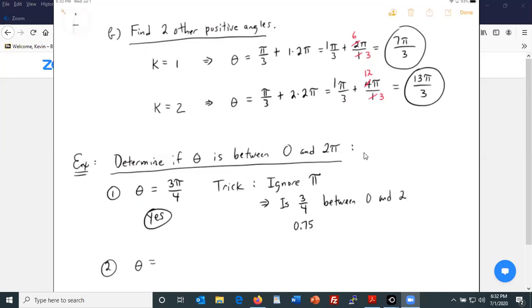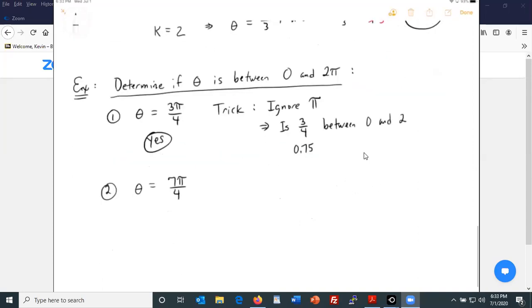All right, what about 7 pi over 4? So again, the trick here is, don't worry about the pi symbol. You don't need that to really determine this information. So what we're going to do is ask ourselves, is 7/4 between 0 and 2?